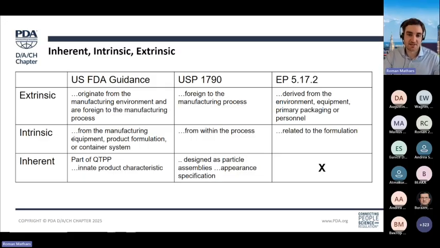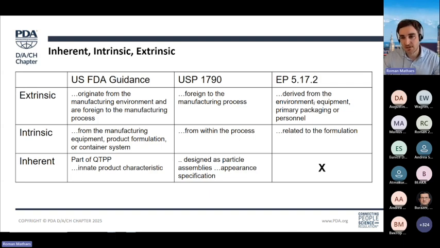Then intrinsic, from within the process, for example, manufacturing equipment or container closure system, or inherent, part of the quality target product profile, so an innate product characteristic. This could be particles of a drug delivery system. Some companies have defined protein aggregates or polysorbate degradants as inherent particles.